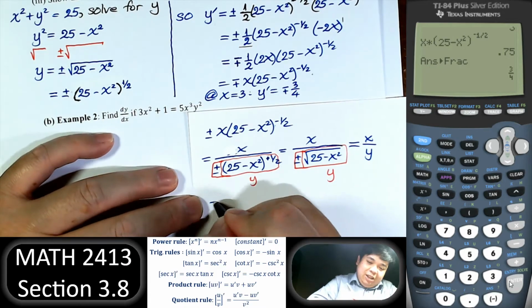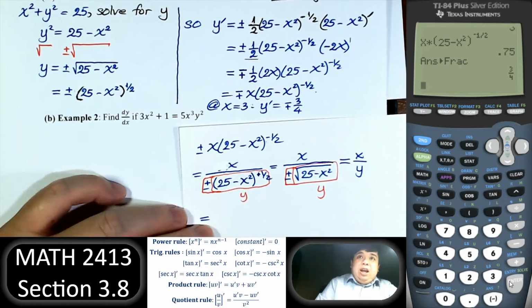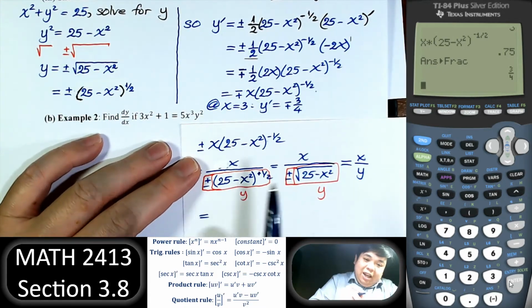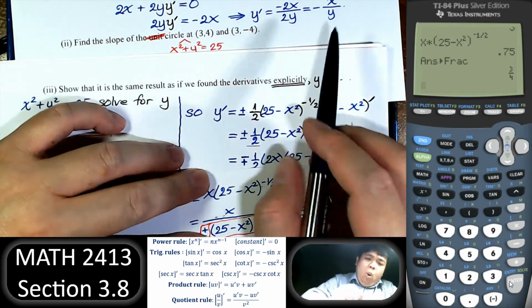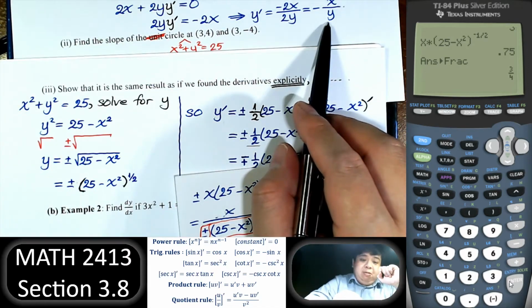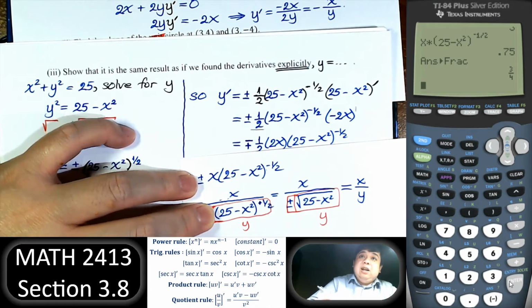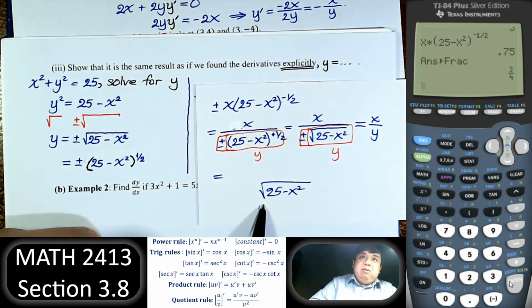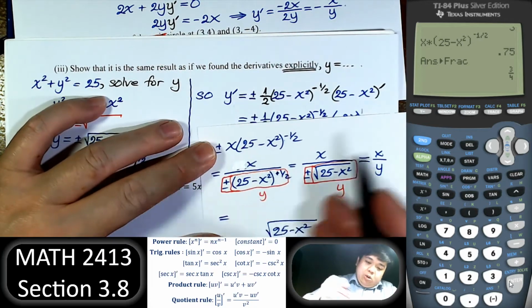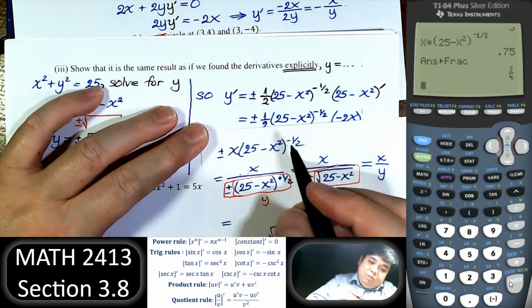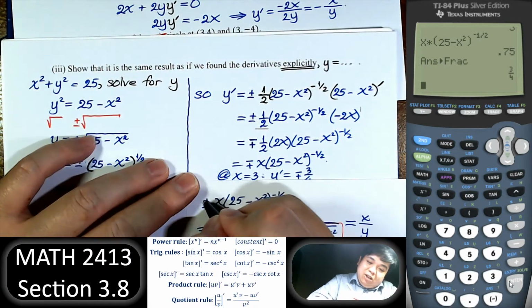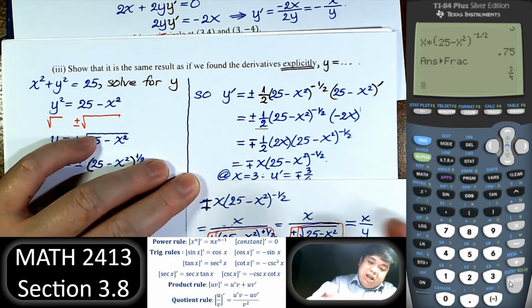Okay. Now, the problem is, in this case, y, when we write like that, y could be negative. But if we write like that, it cannot be negative. So in that case, we have to be careful with that.